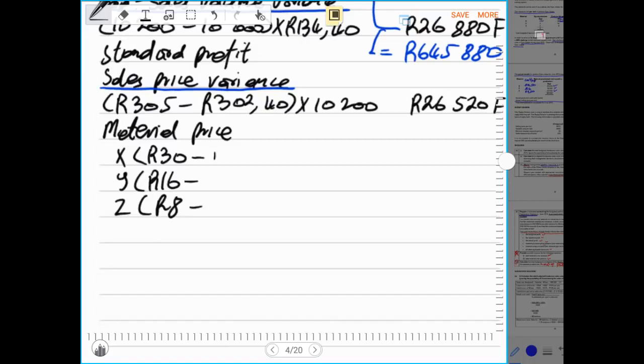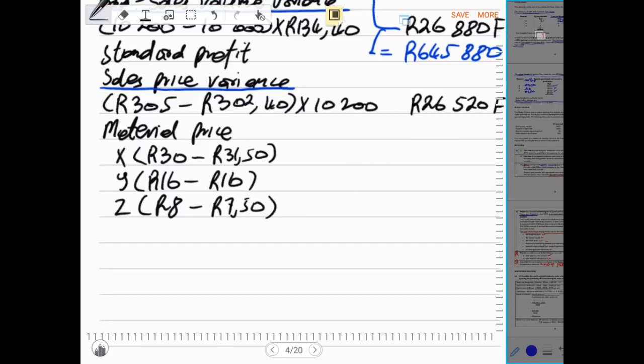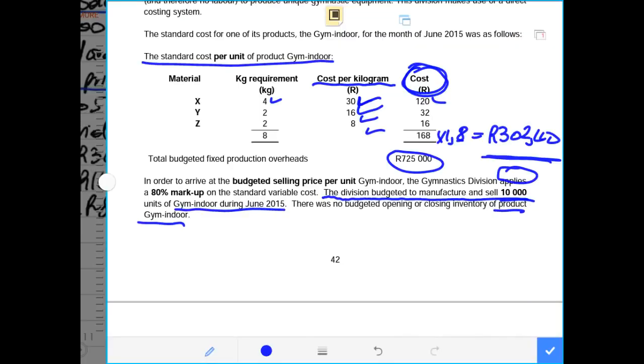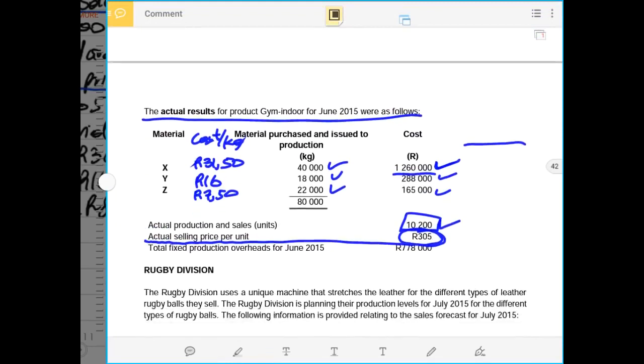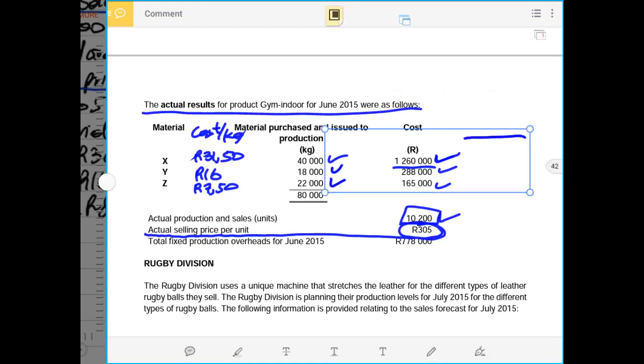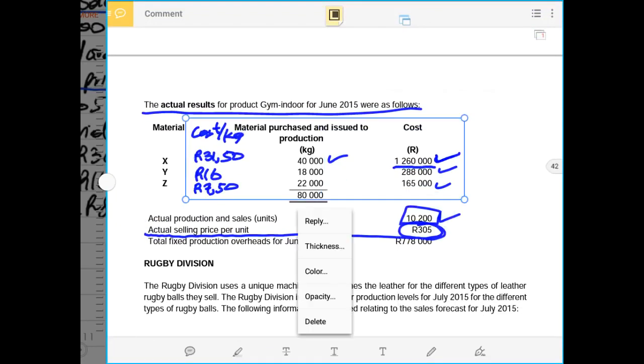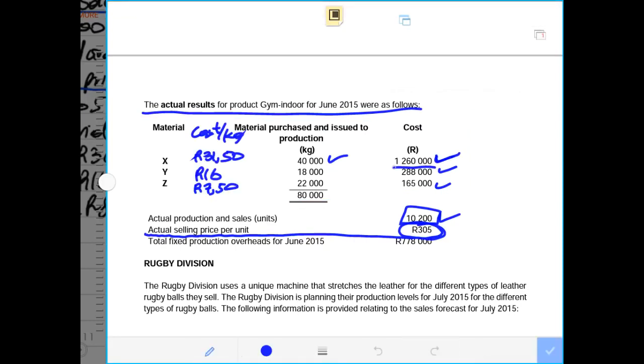Minus, minus, minus. Then now I'm looking for the actual. Here I had 31.50. Here I had 16. Here I had 7 rand 50 cents. Let me just confirm that, perhaps you forgot. Remember, we went to the actual information and we said the cost of 1 million, divided by 40,000 kgs, gave us the 31 rand 50 cents.